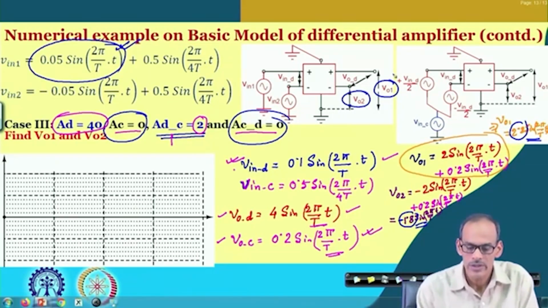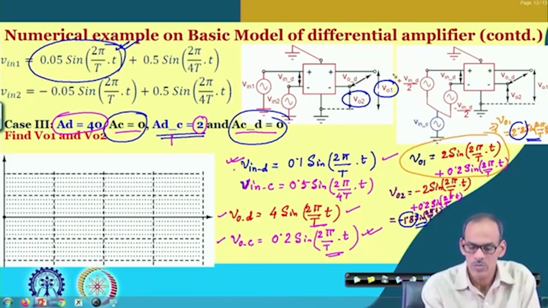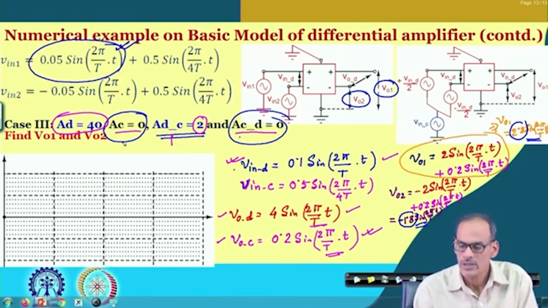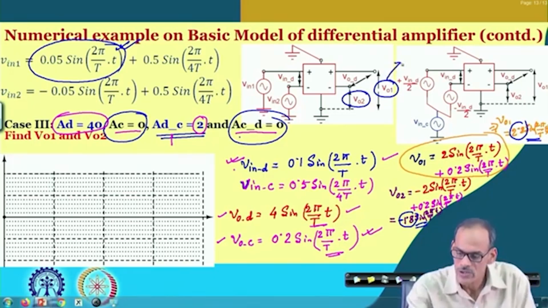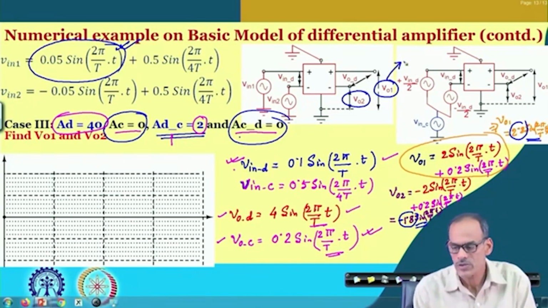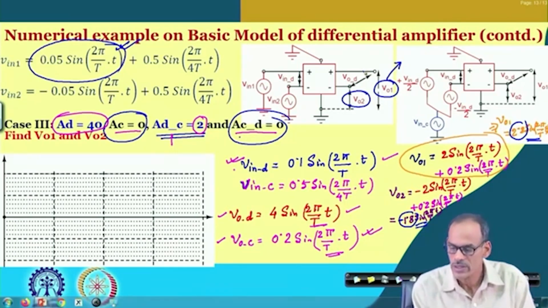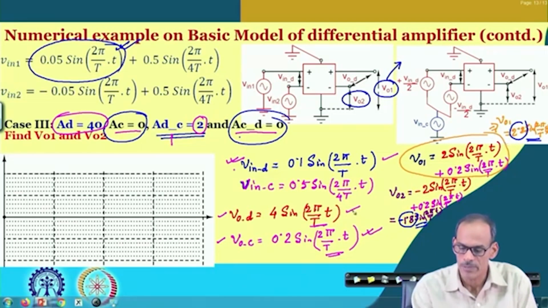So, in fact, it is a good thing that if both ACD and AC are 0, then even if I consider an individual signal, that is good enough to get the desired signal. And if you take a difference of these two, of course, this will be nice. So, if you take the difference, then you can get the entire signal.